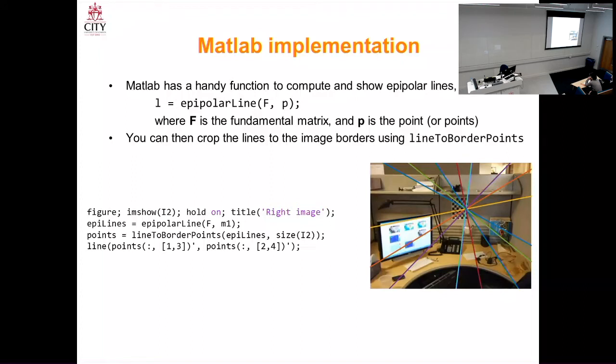Not surprisingly, MATLAB also has a function to compute your epipolar line. Here you can just pass in the fundamental matrix F and the point in, say, the left image. This will give you the epipolar line.